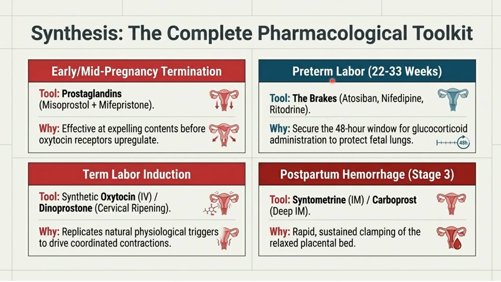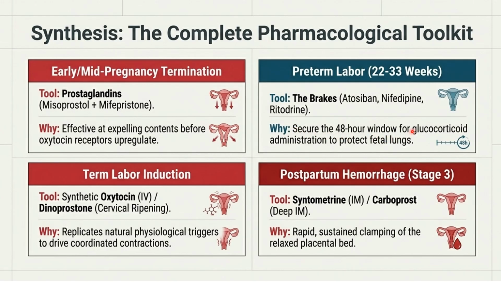For premature uterine contraction that can lead to preterm labor and the risk of immaturity of fetal organs, we use brakes. We try to pull the brakes with uterine relaxants, tocolytic agents: atosiban, nifedipine, ritodrine.